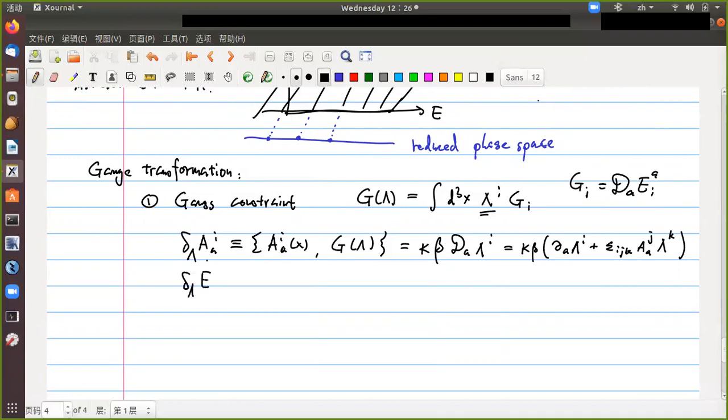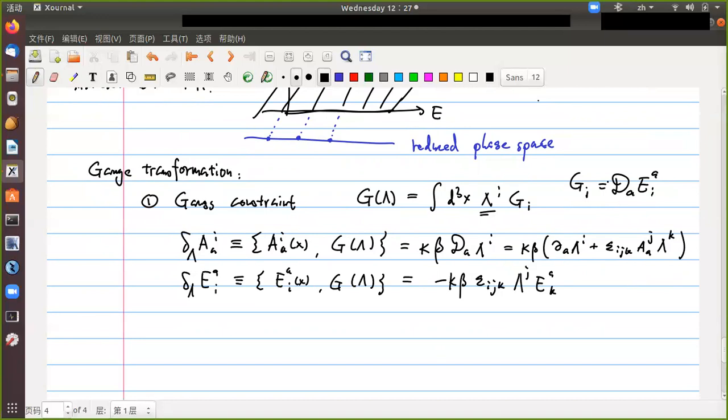And similarly, you should work out the gauge transformation for E. So this is just the Poisson bracket of E^a_i(x) with the Gauss constraint. And the result is minus κβ ε_ijk λ^j E^k_a. The calculation is again very simple.